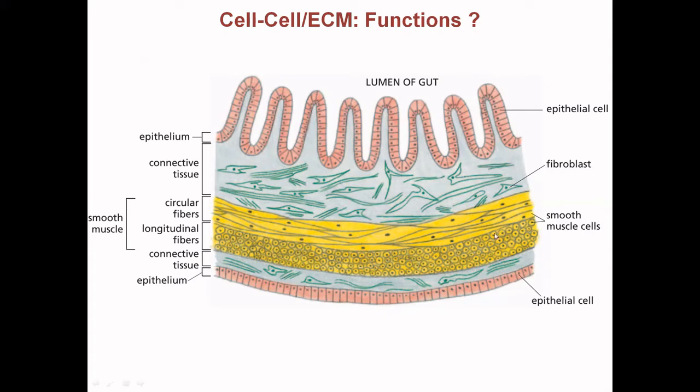This is an example of the gut wall, where we can see there is epithelium towards the lumen of the gut, and there is epithelium on the outer side of the gut wall. Both epithelia sit on connective tissue, and in between them there is a circular muscle fiber layer and a longitudinal muscle fiber layer.